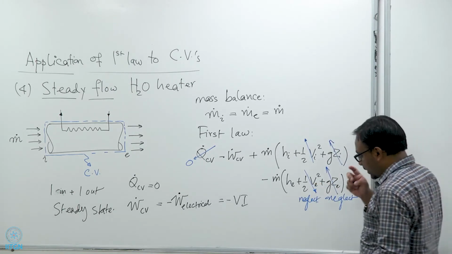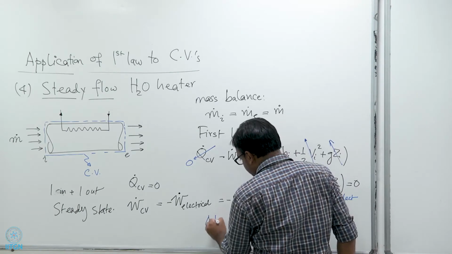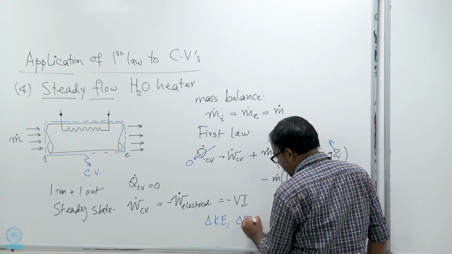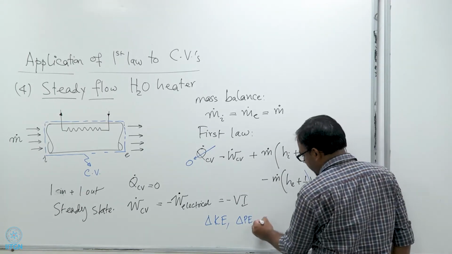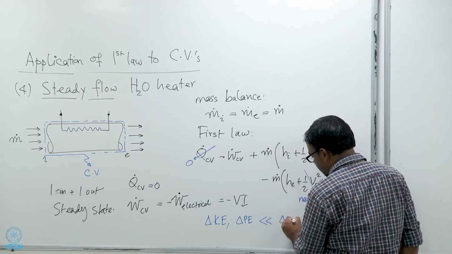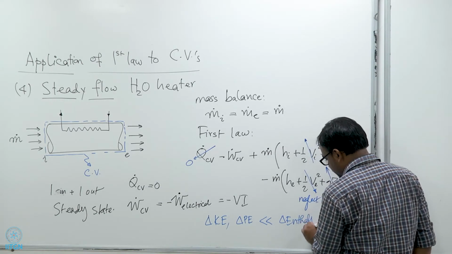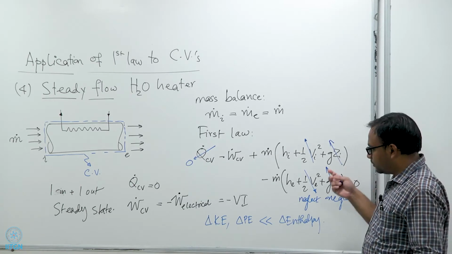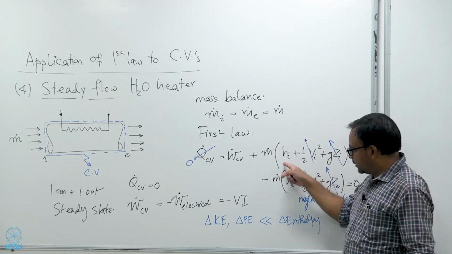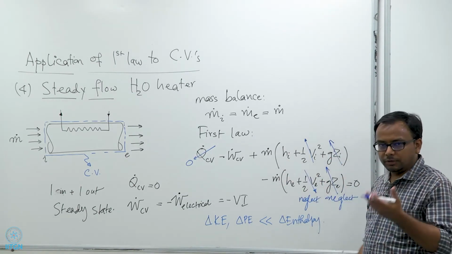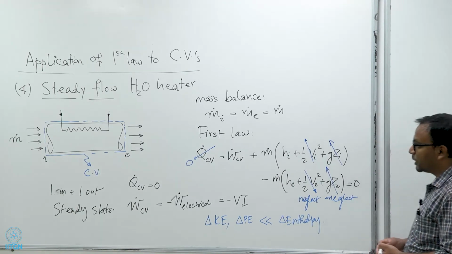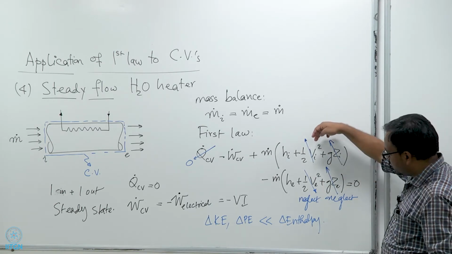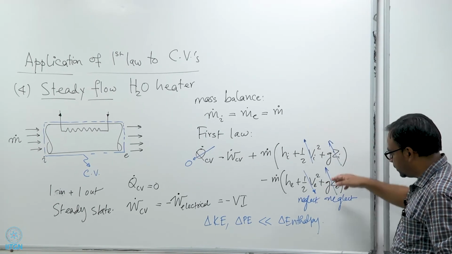What we are saying, again as we did in the previous lectures, is that delta KE and delta PE are way smaller than delta enthalpy, because you will see typically that these will be either several joules or just a few kilojoules, whereas the change in enthalpy will be in thousands of kilojoules per kg. So, I can neglect the change in kinetic and potential energies.